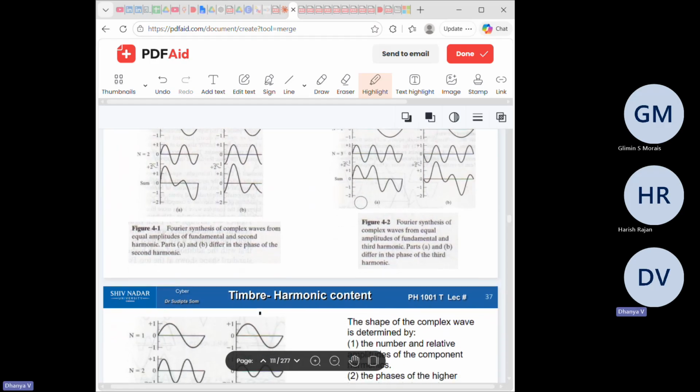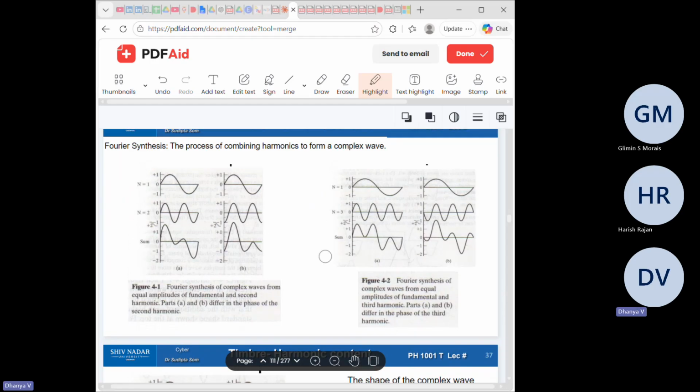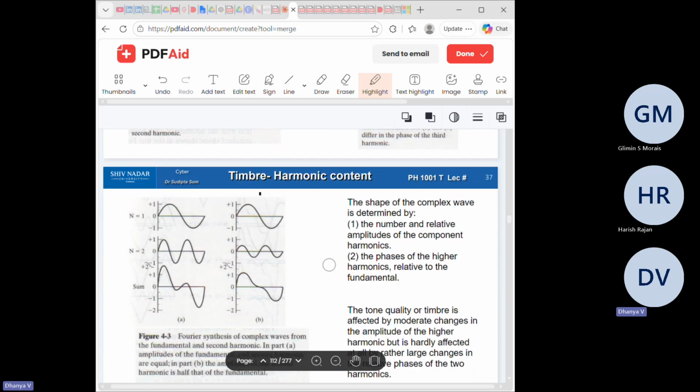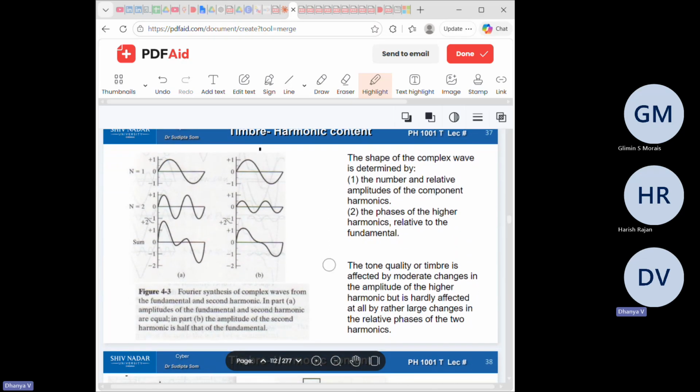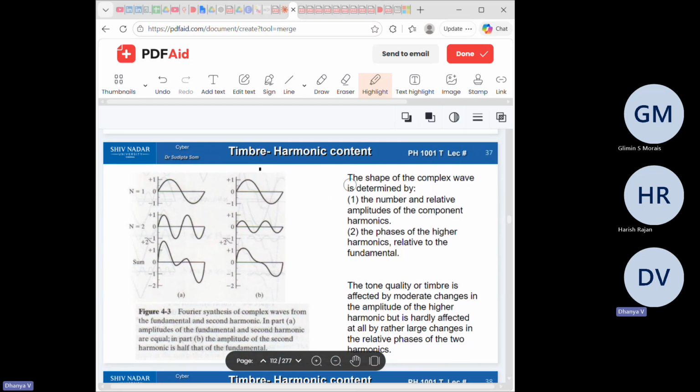There is a superposition of all of the harmonic content, and then you get your Fourier transform.